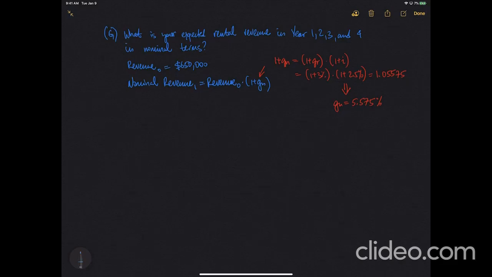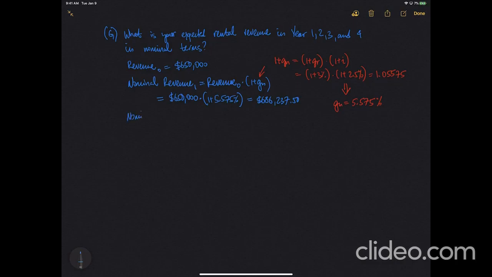In year 1, nominal revenue would equal $650,000 multiplied by 1 plus 5.575%, and this equals $686,237.50. This number is the same as the one we found in part C of this question above.